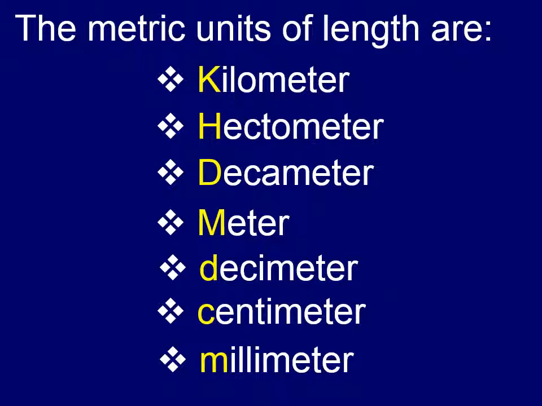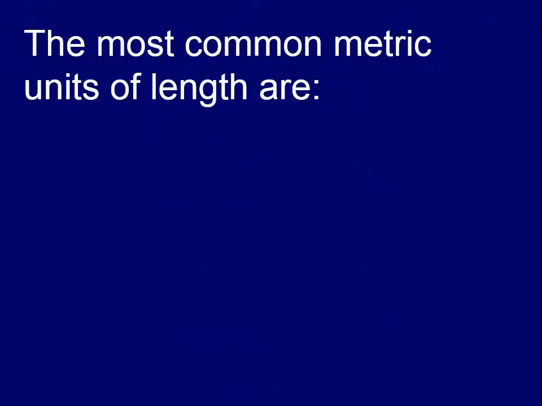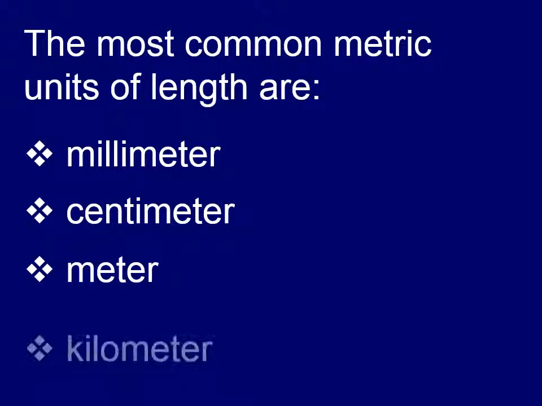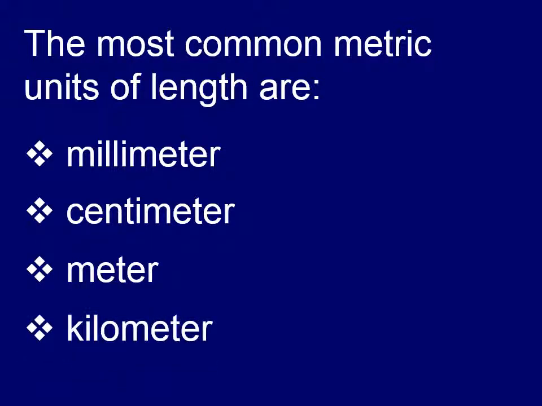And the usually is a unit of measure. In this case, we have replaced that unit of measure with M, which is the meter, which is our basic unit of measure of length. Now, the most common metric units of length are millimeter, centimeter, meter, and the kilometer.